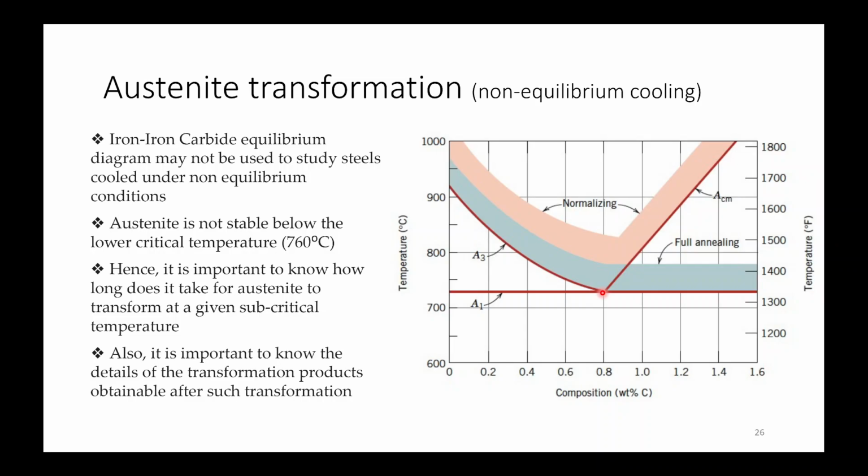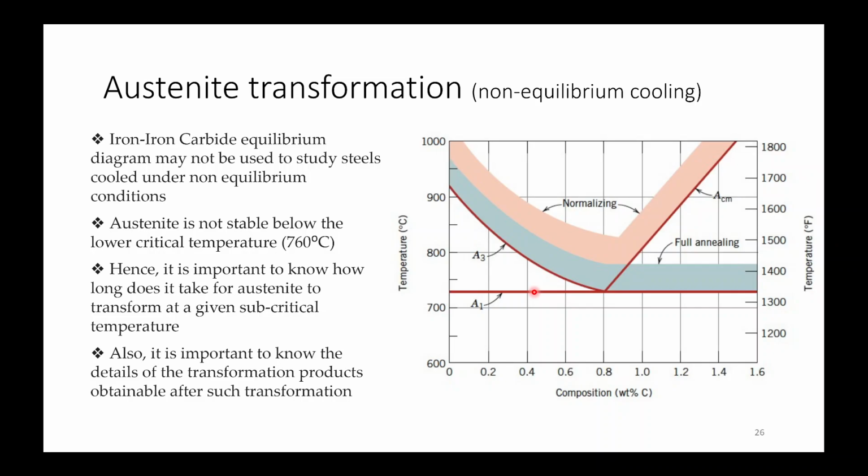Then in the case of hypoeutectoid steels, it is actually proeutectoid ferrite plus perlite. Is it okay? Then how many phases do we have to take there? You still have two, because you are considering ferrite to be separate, right?